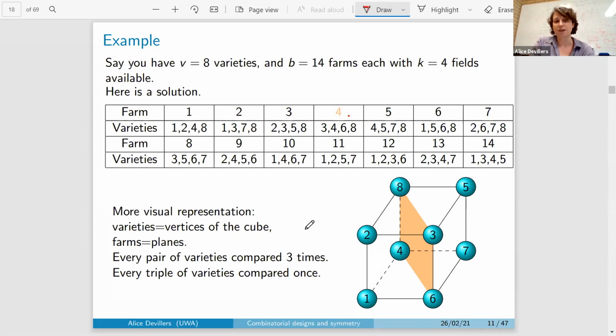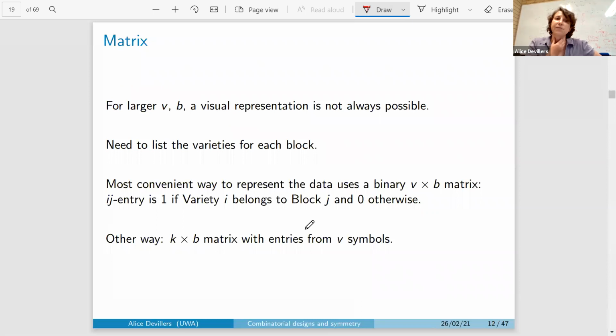So this is another example. For larger V and B, of course, visual representation is not always possible. So you just need to list the varieties for each block, like I did in the tables on the previous slide. There's a couple of ways of doing this. The most convenient is to have a V times B binary matrix.